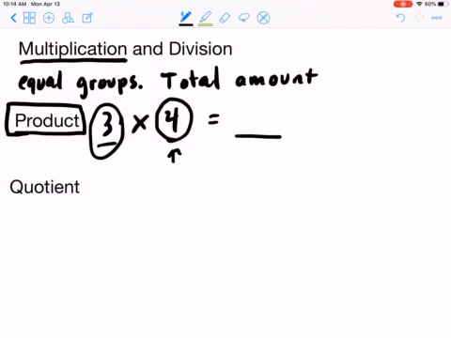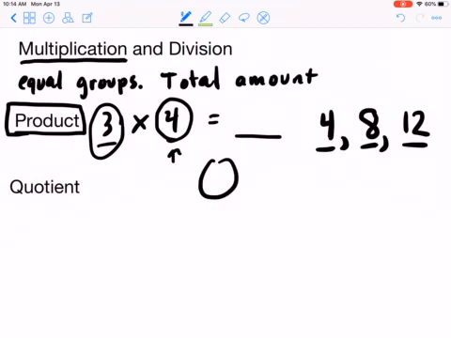But if we have 3 equal groups of 4, we're going to do 4 plus 4 is 8. 8 plus 4 is 12. We have 3 equal groups of 4 because we've skip counted 4 times. We've just gotten 4 bigger each time in our group. We've added 4.